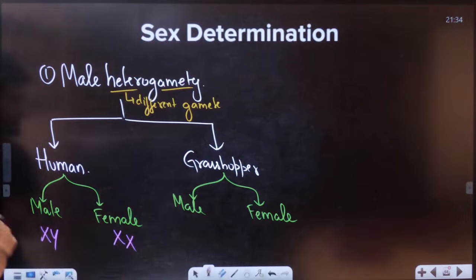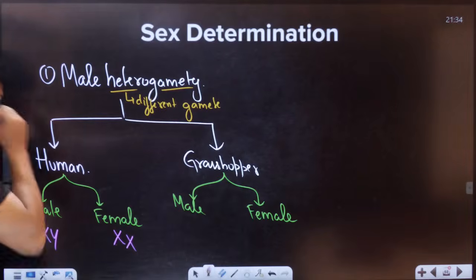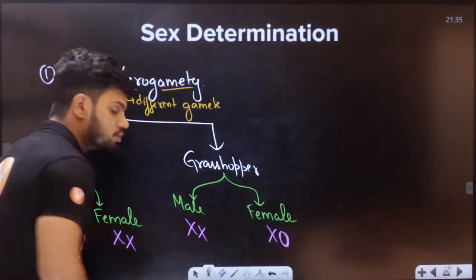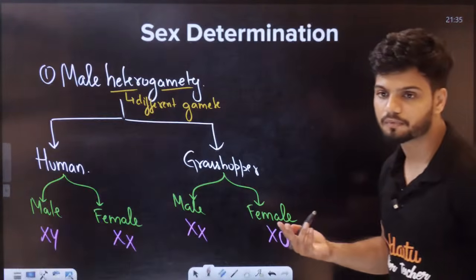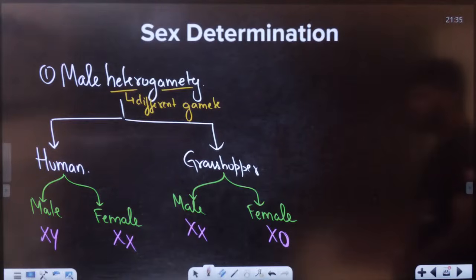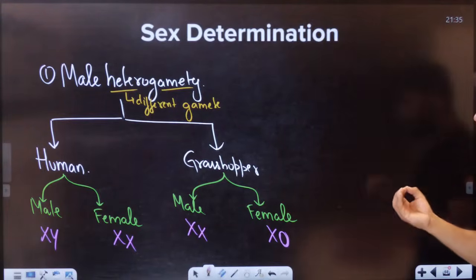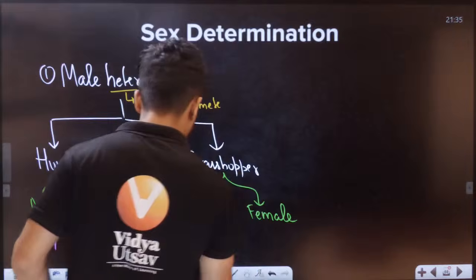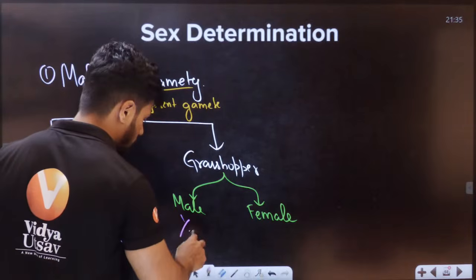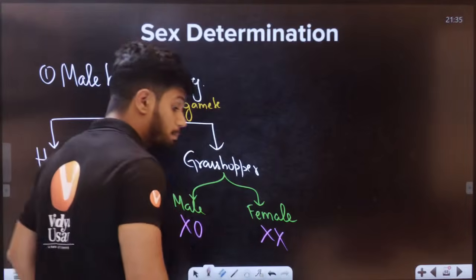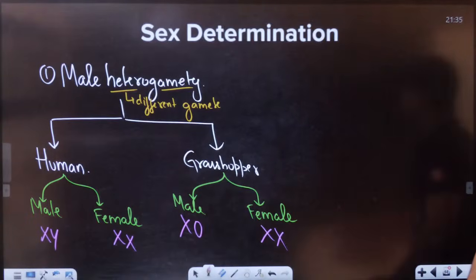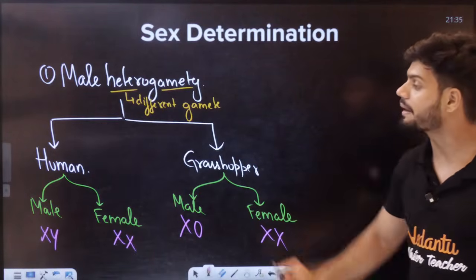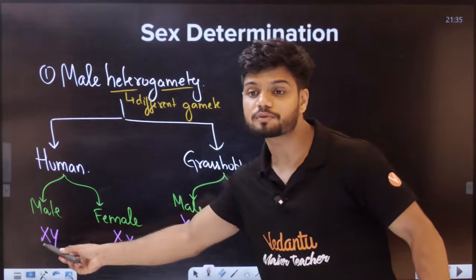In the case of grasshopper also, the female is XX, while the male is X0. So the whole point is that in male heterogamety, it is always the males which have two different types of gametes.